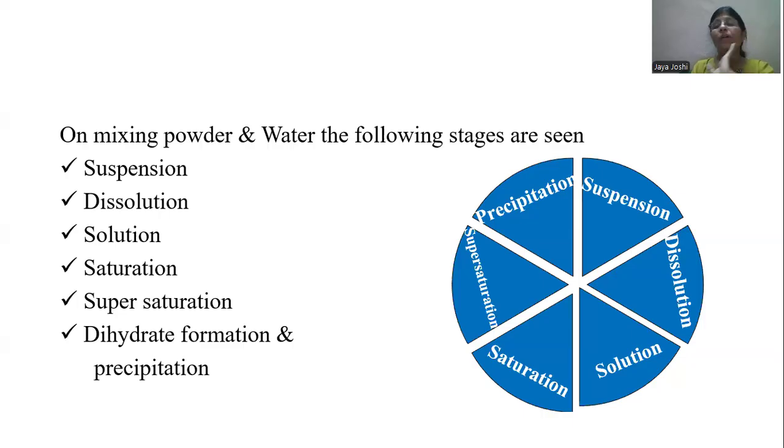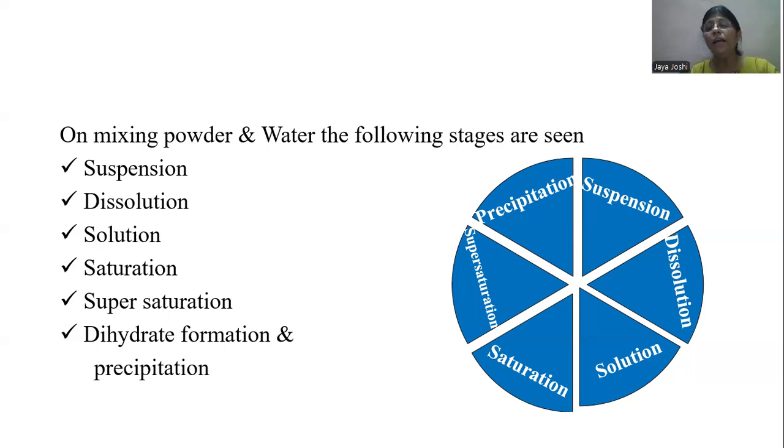And later on, as the hemihydrate is coming in contact with the water, it is forming dihydrate after dissolving in water. So this saturated solution, with respect to the formation of dihydrate, becomes supersaturated. Now, everyone knows that supersaturated solutions are unstable in nature.